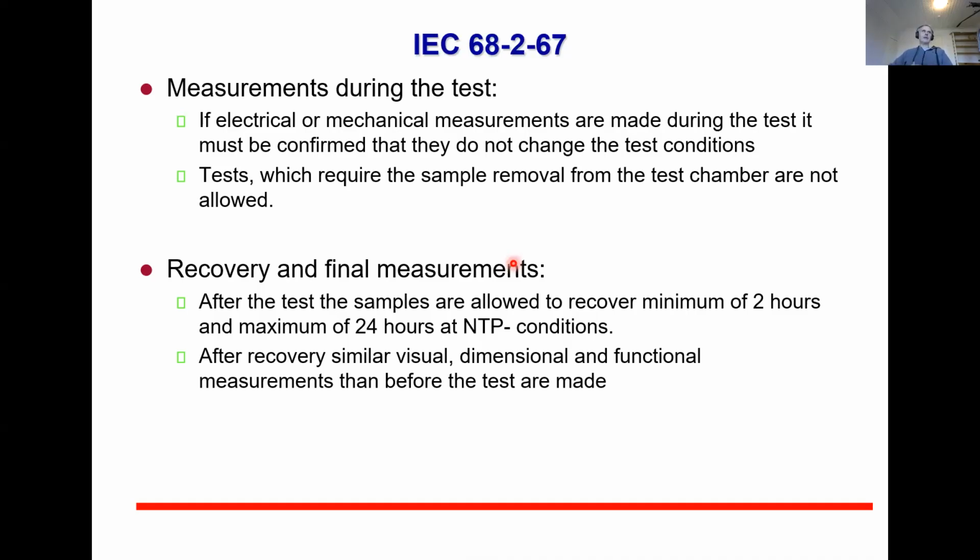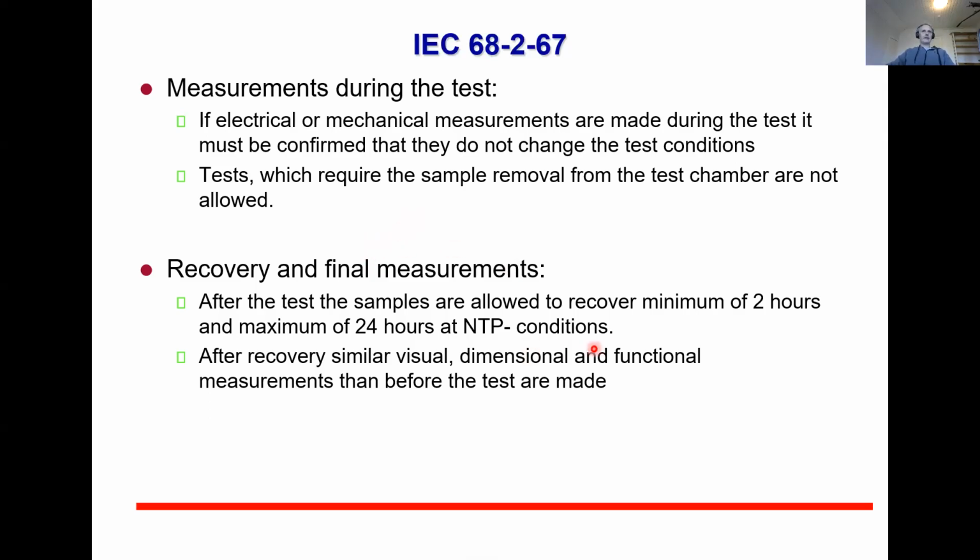Sometimes there's also a practical reason for doing the testing so that you dry it out first, because if the product is too moist and you do some electrical testing, you can have some electrical breakage of the system.